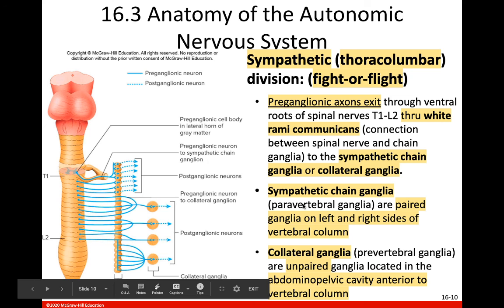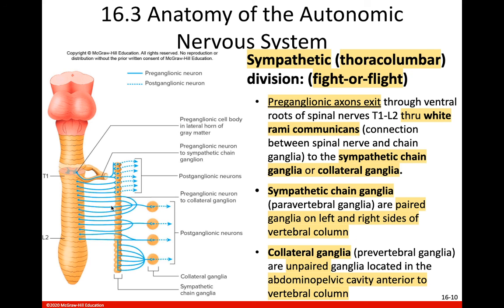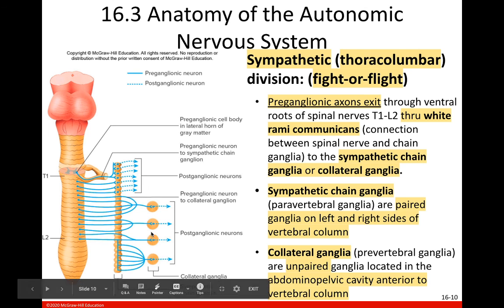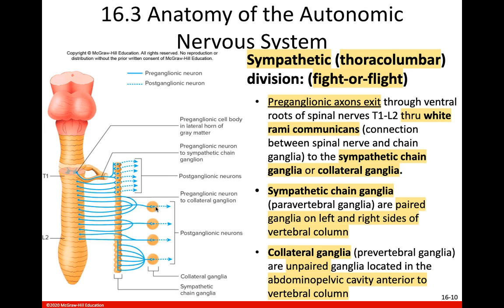Some of these nerves can also, and you can see some of them here, the preganglionic is passing over the chain ganglia and going to these collateral ganglia. And there in the collateral ganglia, we see the preganglionic synapsing with the postganglionic, and then the postganglionic coming out and going to the effector organ.